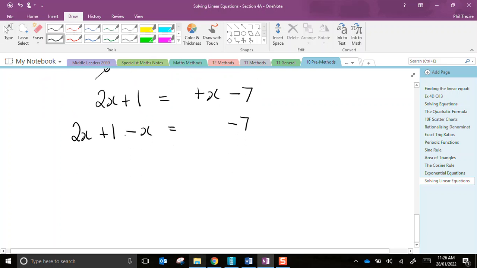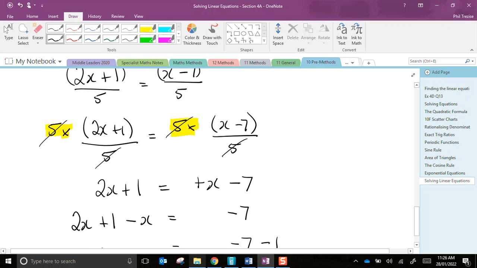So 2x take away x is x. There's my negative 7. Now I'll deal with this plus 1. The opposite of add 1 is take 1. So x is negative 7 take 1, which is negative 8.